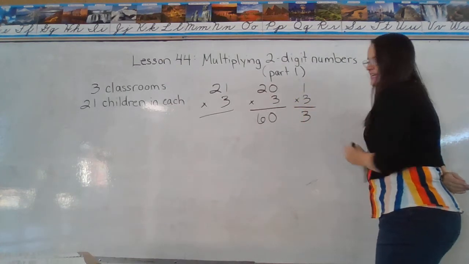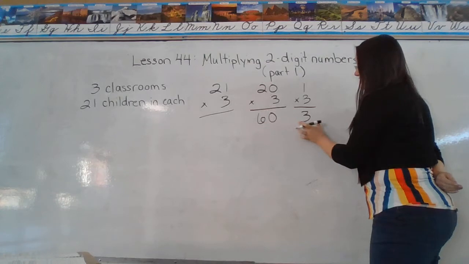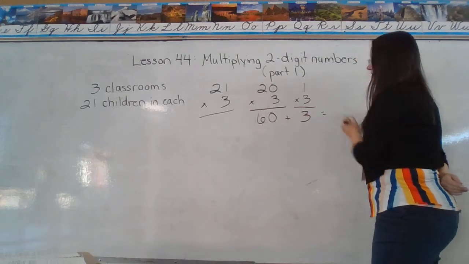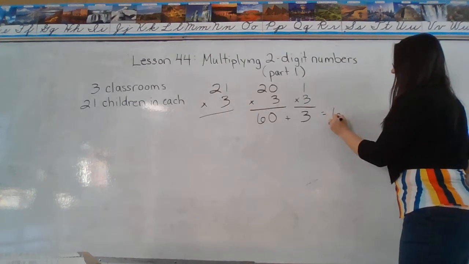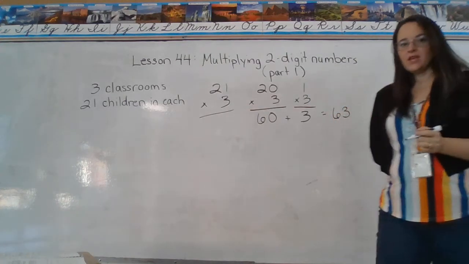And that would be 3. And then if we take these 2 answers and add them together, we're going to get the answer to 21 times 3. It's going to be 63.